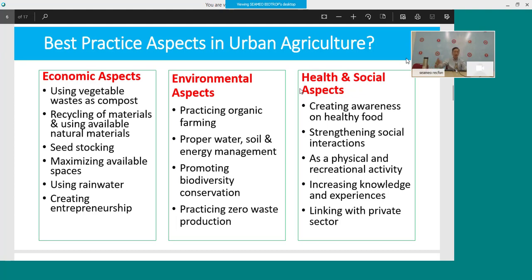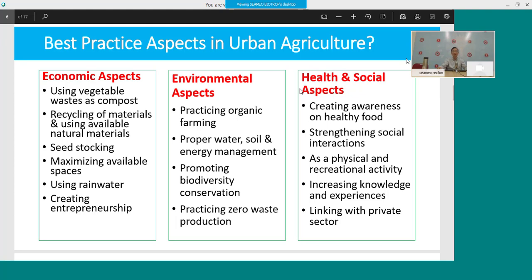You just collect the rainwater in one container, so when the dry season comes, or if there's no water supply, then you can use the rainwater that you collect from the gutter or whatever way that you do it. Of course, the economic aspect is also when you start practicing entrepreneurship as a result of your urban agriculture activities.